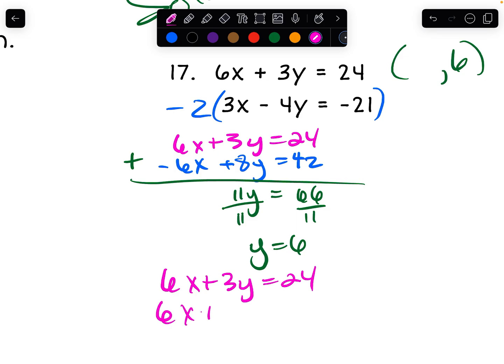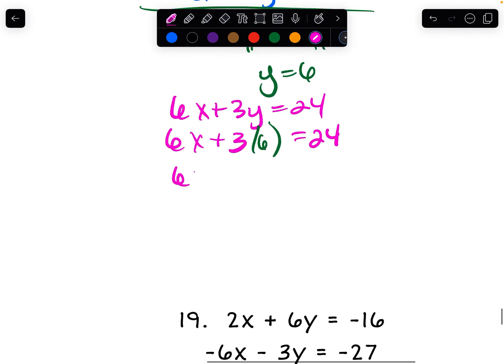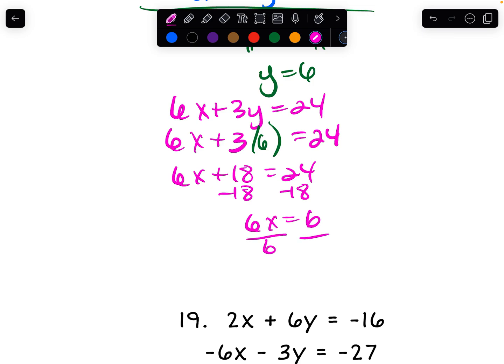I'm going to replace the y value with 6, and I get 6x plus 18 equals 24. Subtract 18 from both sides, get 6x equals 6. Divide by 6 and get x equals 1.